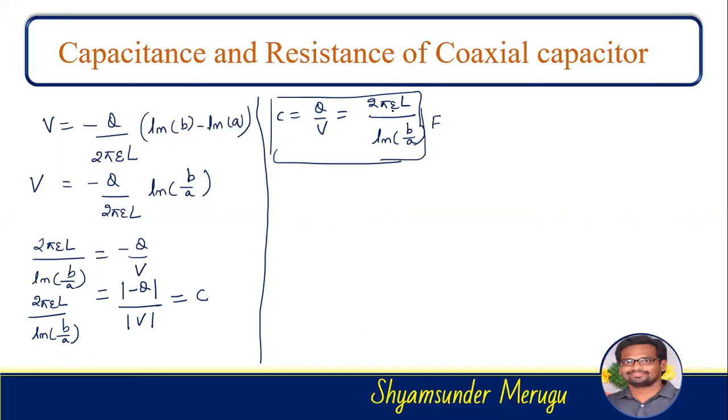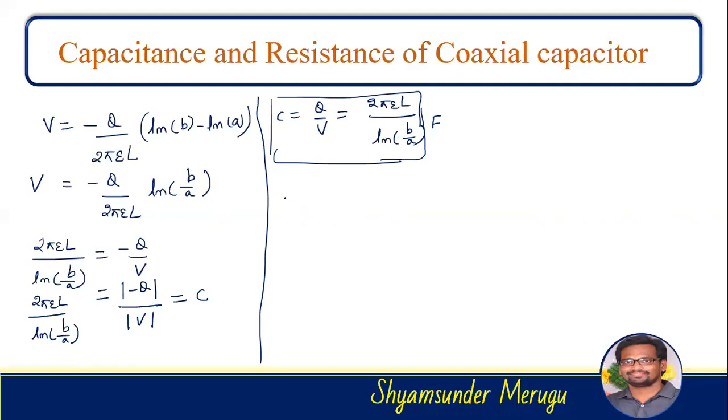Here epsilon is the permittivity of the dielectric material used between the inner and outer conductor, L is the length of the coaxial conductors, A is the inner diameter of the inner conductor, and B is the diameter of the outer conductor.